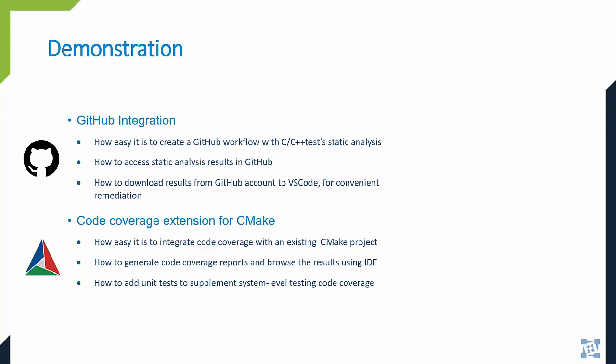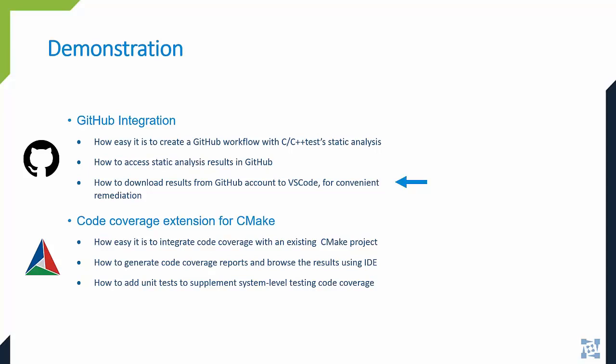For the GitHub integration part of the demonstration, we're going to see how easy it is to create a GitHub workflow with C/C++test static analysis, how to access static analysis results in GitHub, and how to download results from the GitHub account to VS Code for convenient remediation.